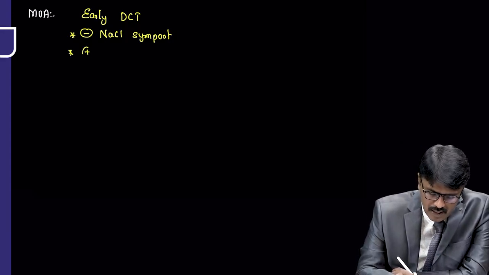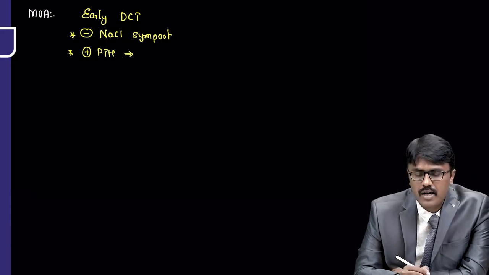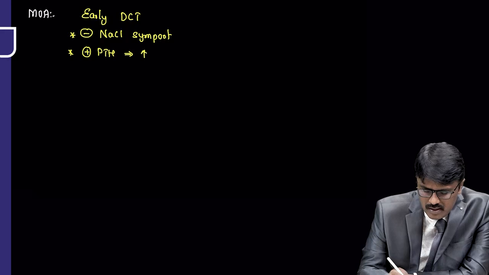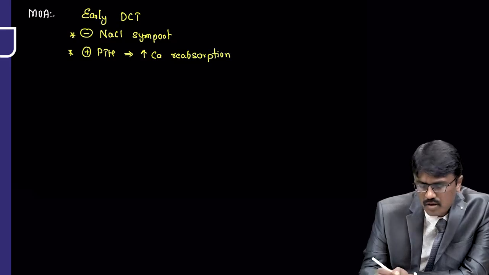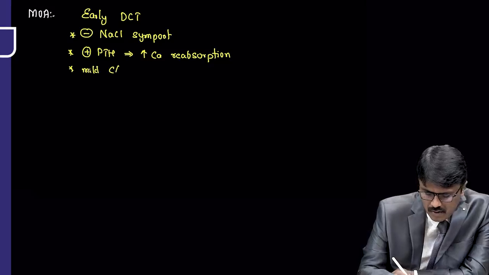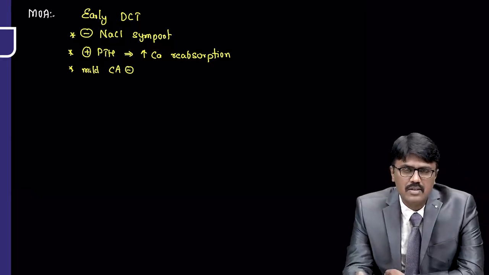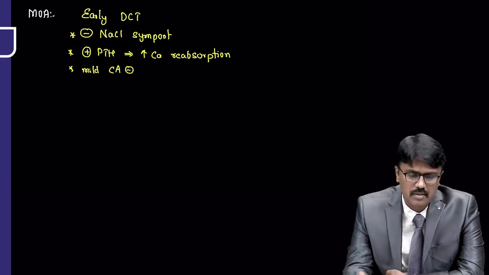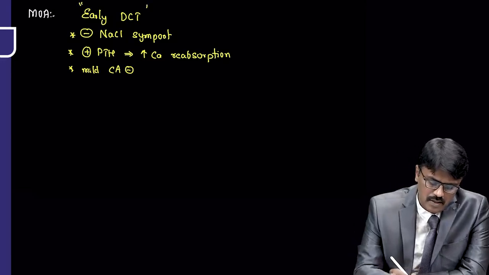Second, they stimulate the activity of parathormone, and by stimulating the activity of parathormone in the DCT, they increase calcium reabsorption. So they increase calcium reabsorption, that is one thing, and they have mild carbonic anhydrase inhibitory property, because these are all derived from sulfonamides. They have a property like acetazolamide, mild carbonic anhydrase inhibition. So please remember their site of action is the early part of the DCT.